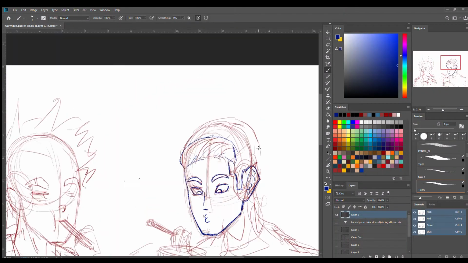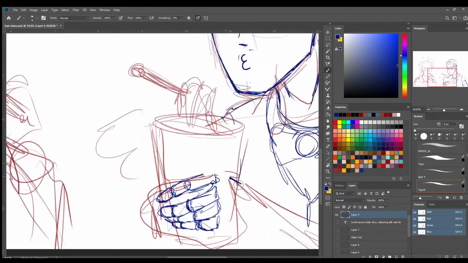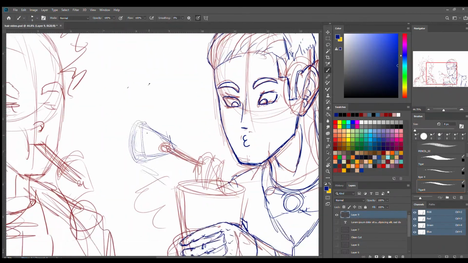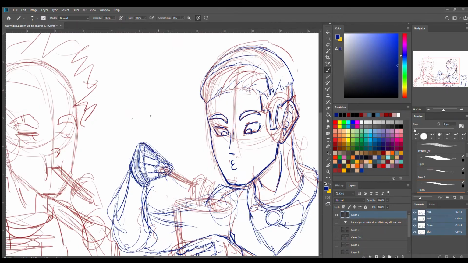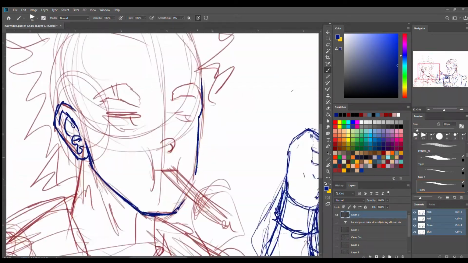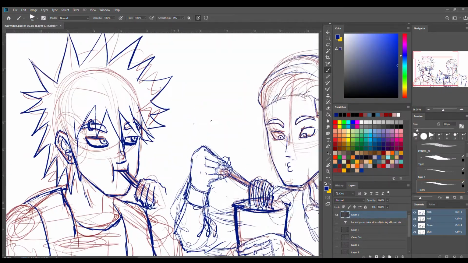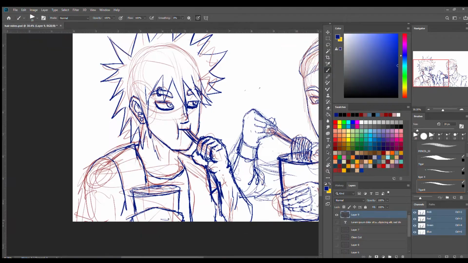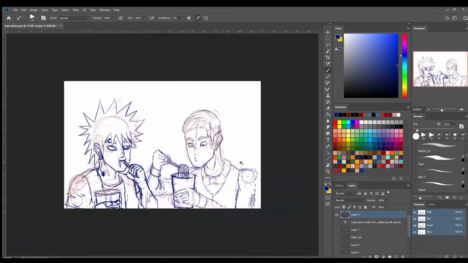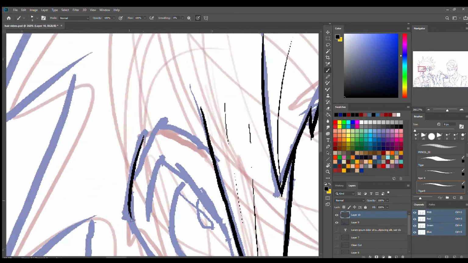Okay, so now I'm just gonna do a full drawing here and try to utilize what I taught you in this lesson. What I want to draw is two very similar characters to showcase some of the things I mentioned. What I was going for was maybe two brothers that work at the same place, maybe like a restaurant. They work as waiters, and they were going to take a break at the same time and enjoy the same snack, but acting completely different while doing so.